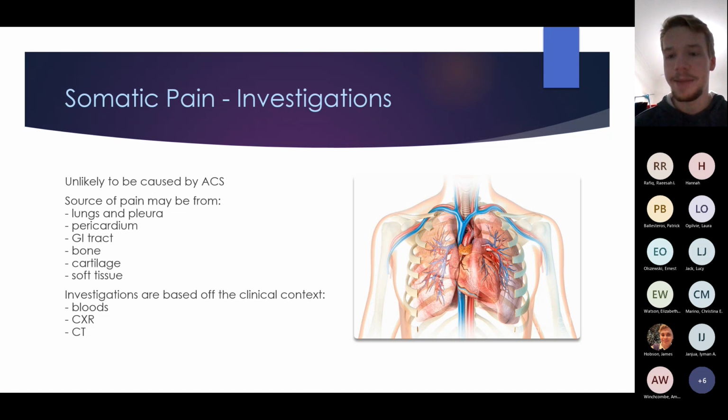Yeah, so MSK, yeah, so it could be the muscles, the cartilage, your ribs, that could be causing it. Your lungs and your pleura, that's probably the most likely source if someone came into the emergency department with that.